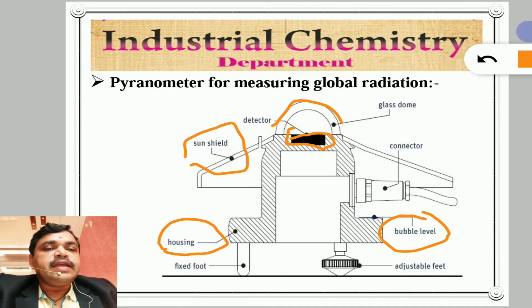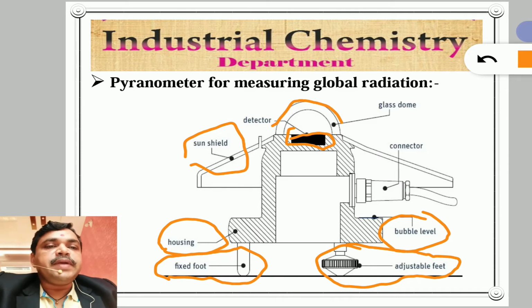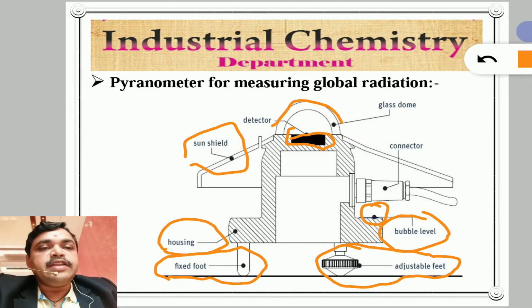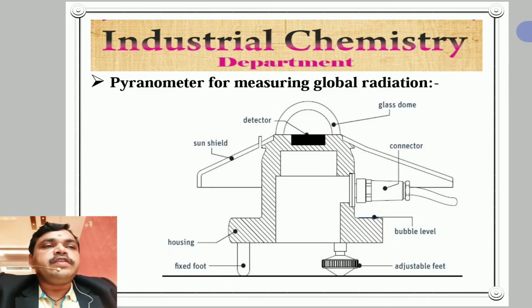The next part is the fixed foot, which is in a fixed position, and the last one is the adjustable feet, which adjust up and down, and with these adjustable feet the bubble level is set at the center. So this is the pyranometer for measuring global radiation.